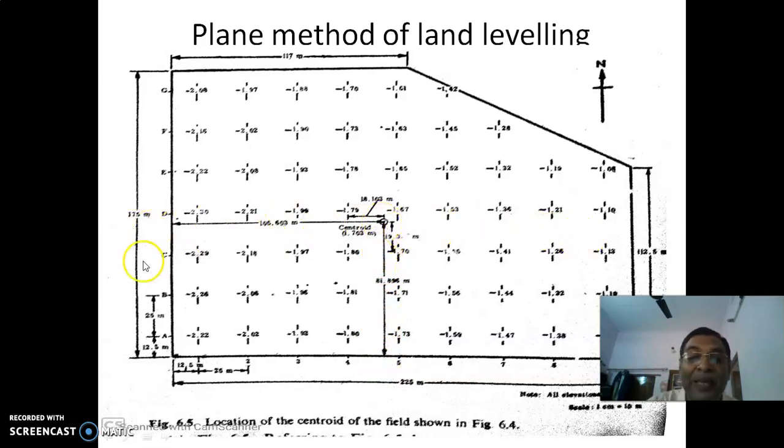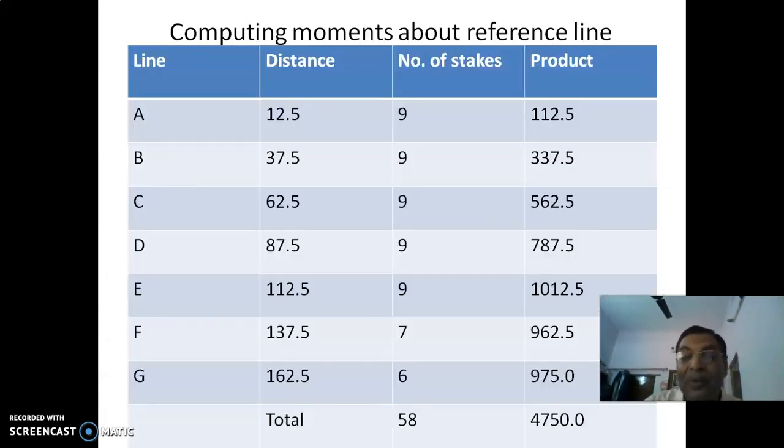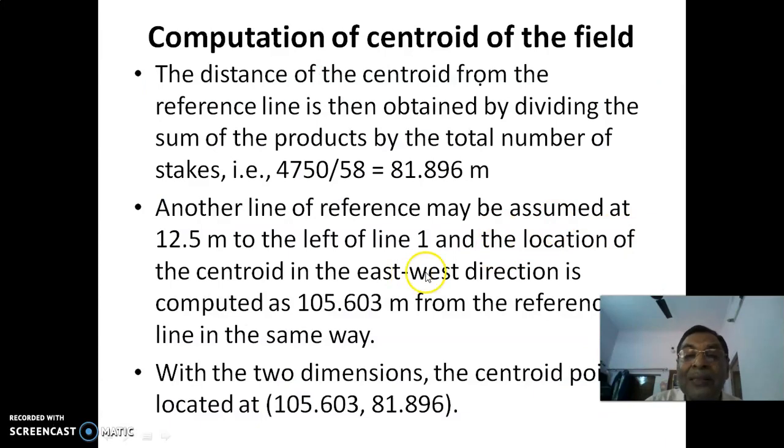Similarly, if you compute moments with reference to this line, then you will get one more line like this. So you got this line at 81.896 from this x-axis. Similarly, you can compute the moments from the ABCD line, and you can get another distance.